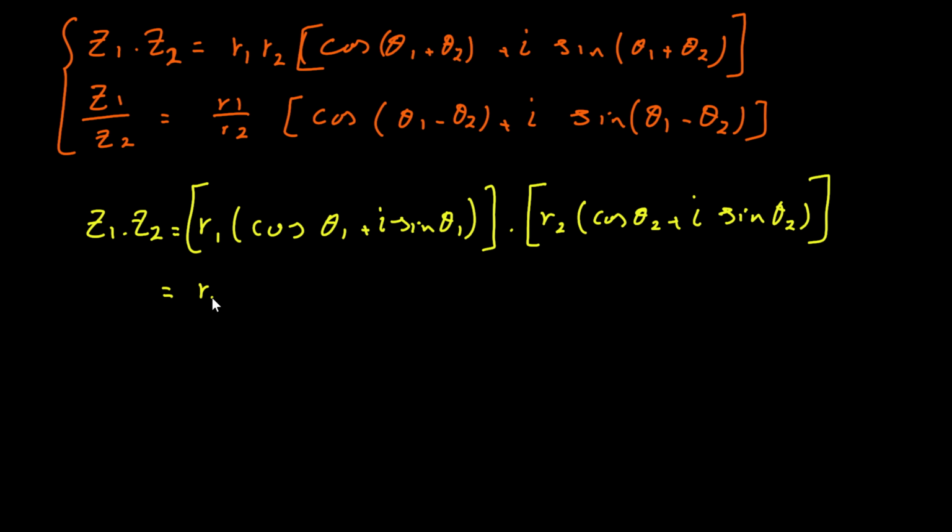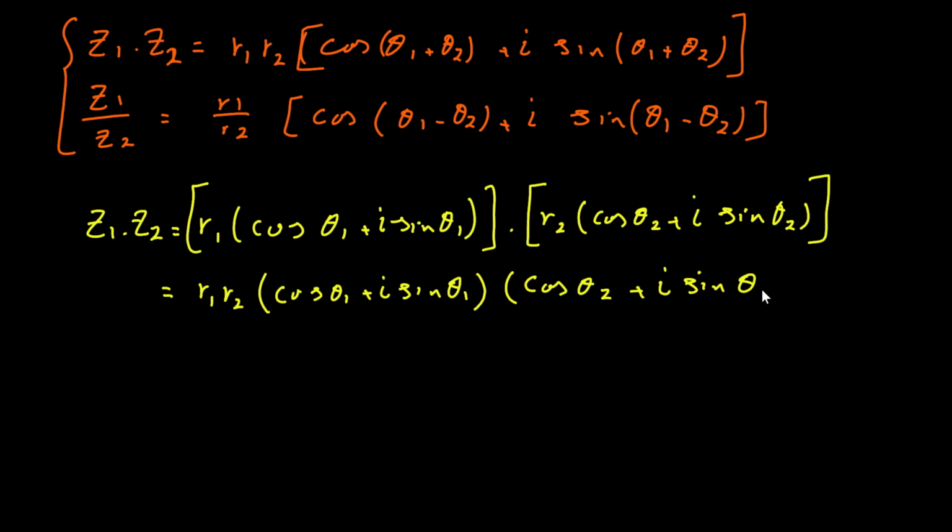So we get r1, r2. I'm just multiplying the terms that I have. So r1, r2, and then cosine of theta 1 plus i sine of theta 1 multiplied by cosine of theta 2 plus i sine of theta 2.